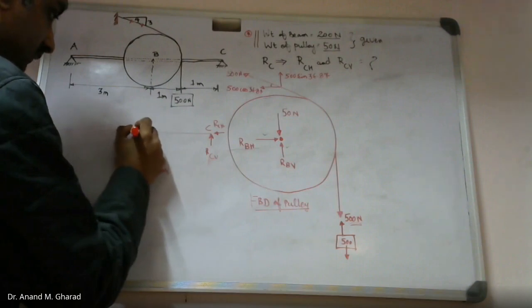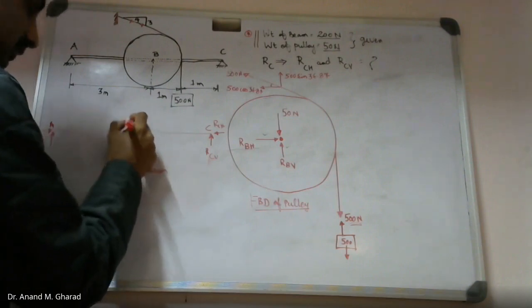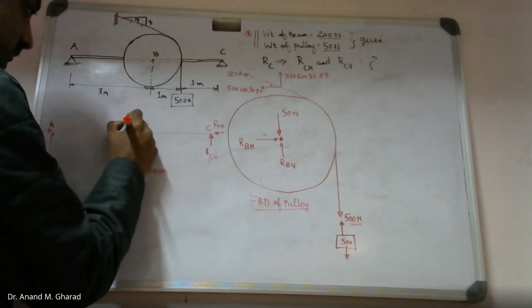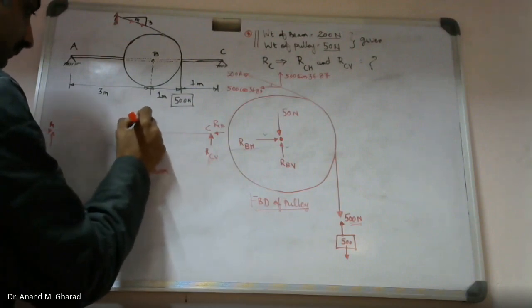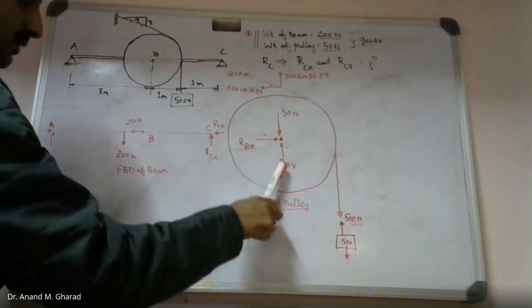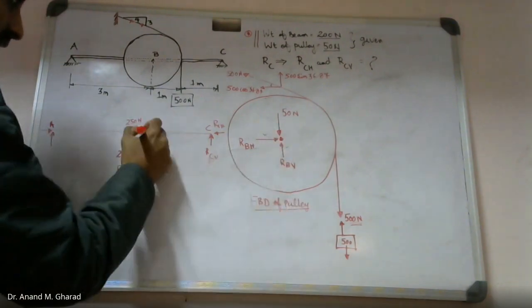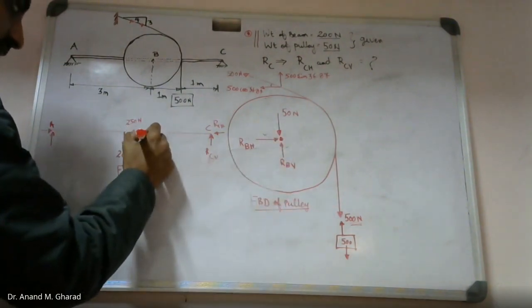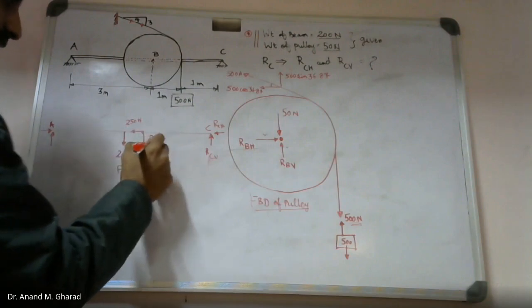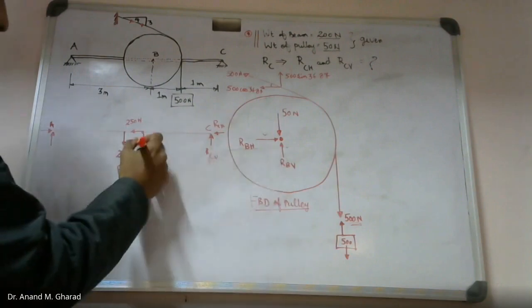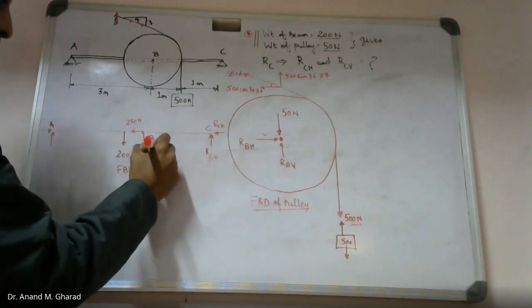This is negative x over here, and now this value will be how much? This was 250 Newton, correct? And since it is in the upward direction, at this point B on the beam, it will be in the downward direction. What was the value of RBV? I think it was 400.